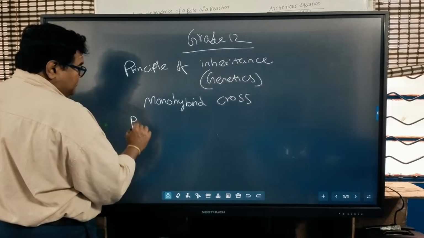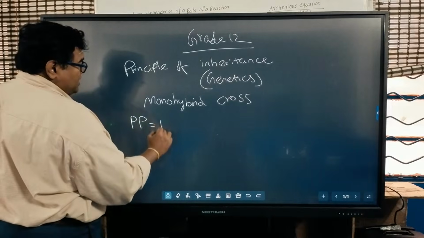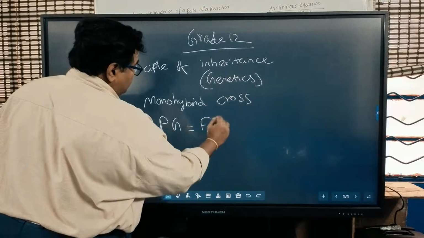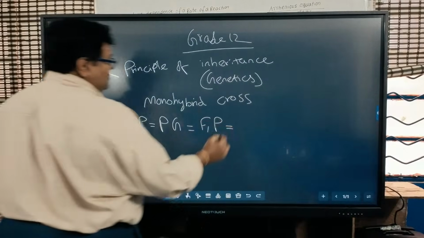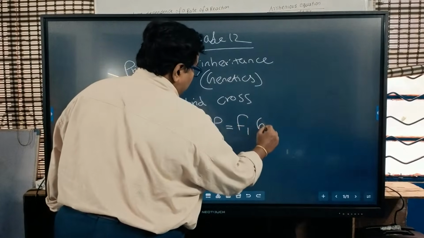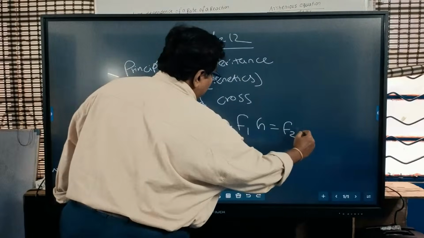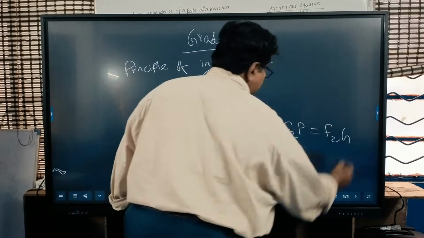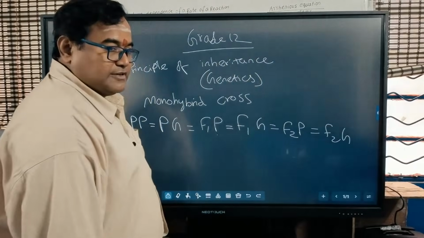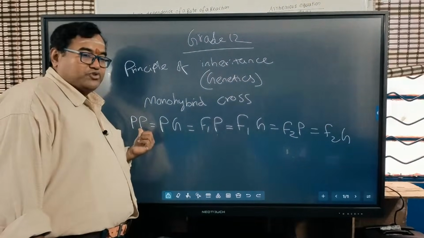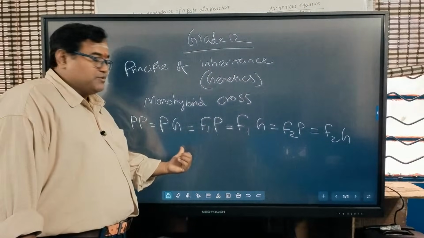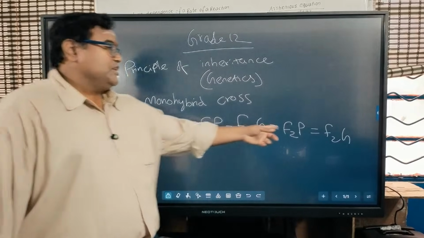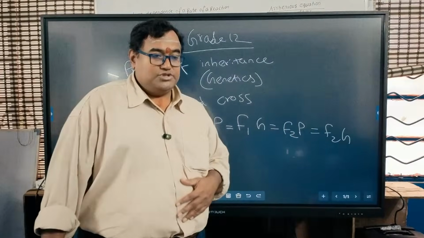The parental phenotype should be equal to the parental genotype, should be equal to the F1 phenotype, the F1 genotype, the F2 phenotype, and the F2 genotype.